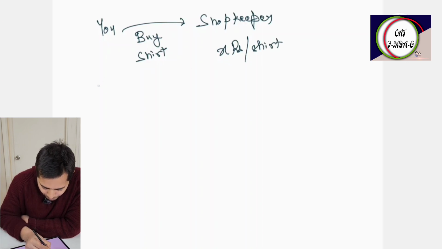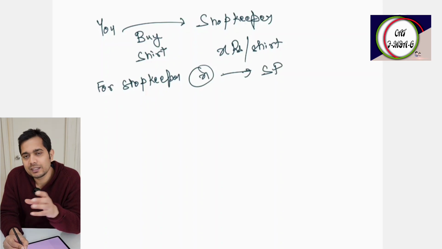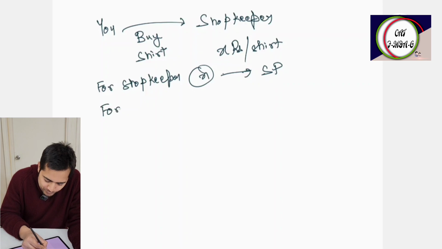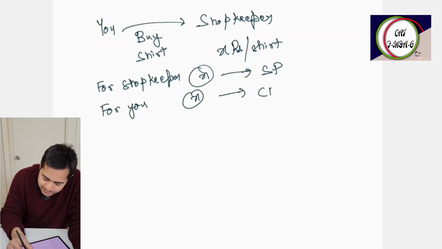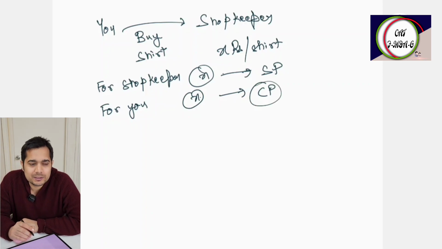Now for the shopkeeper, this X is selling price because at this cost he has sold you this product, and for you this X is cost price. Okay, so for you this X is cost price.